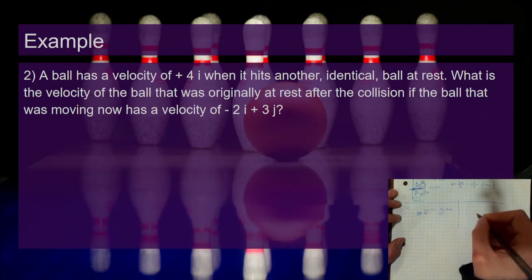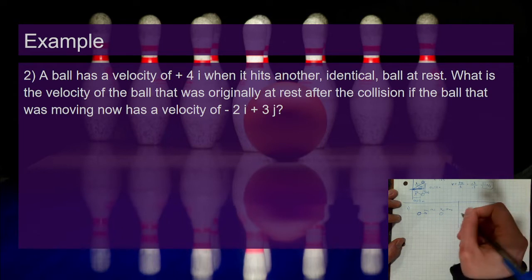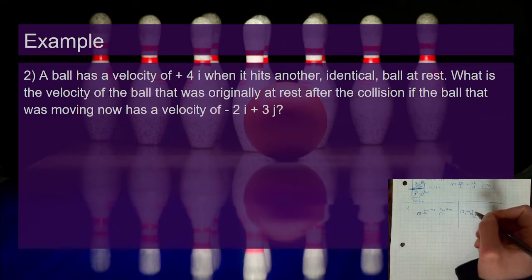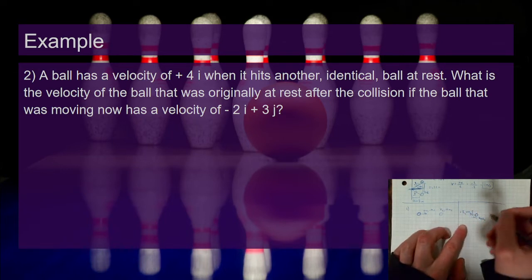After the collision, we've got a situation where the first one is now going to the left, component of minus 2 meters per second, so that is V1 final in the x direction, and V1 final in the y direction is equal to plus 3 meters per second. For the other ball, we don't know which way it's going.